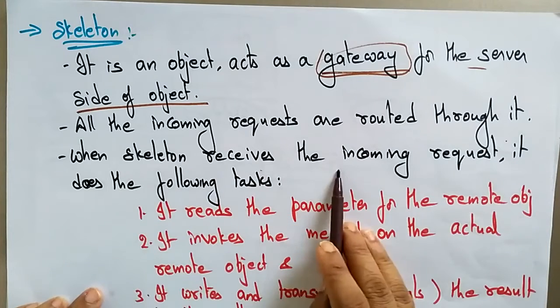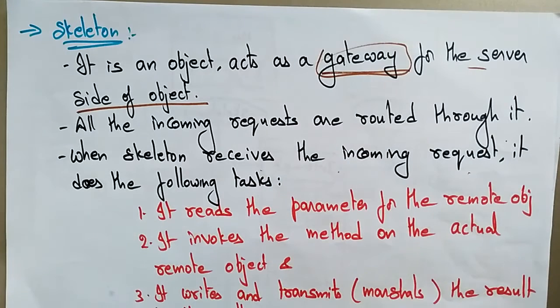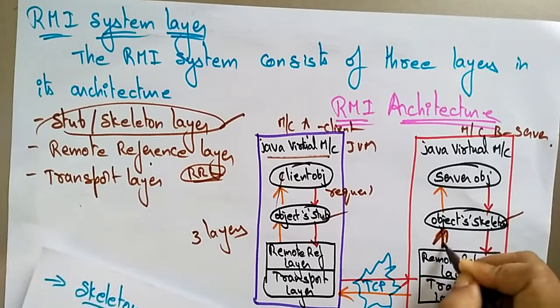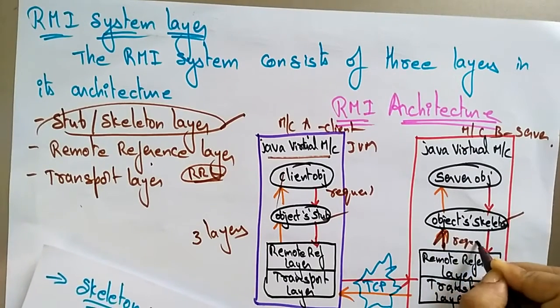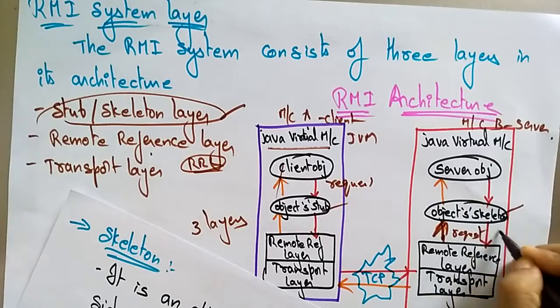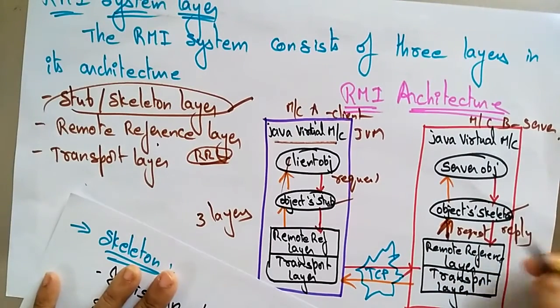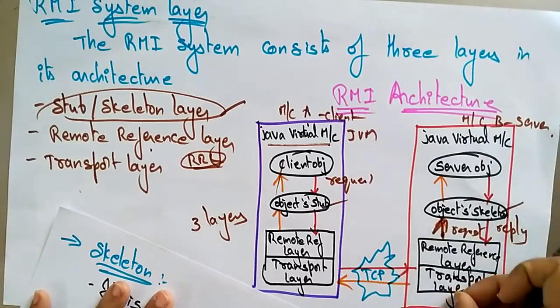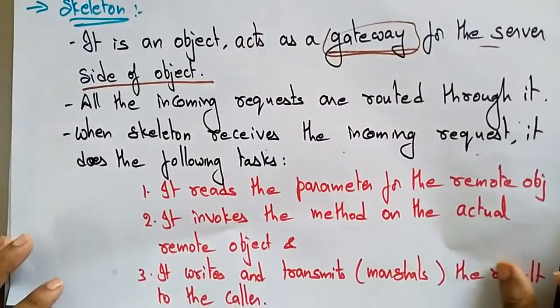From where is it receiving the incoming request? From the client. Here the skeleton is receiving the incoming request, and it is giving the reply. So the skeleton is receiving the request and replying with the message.